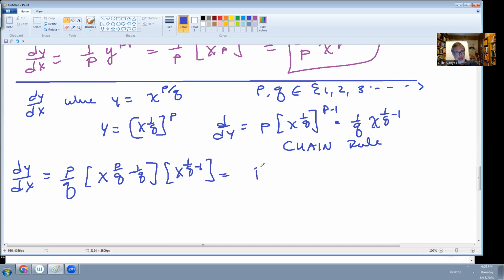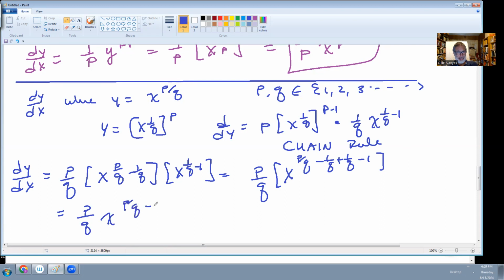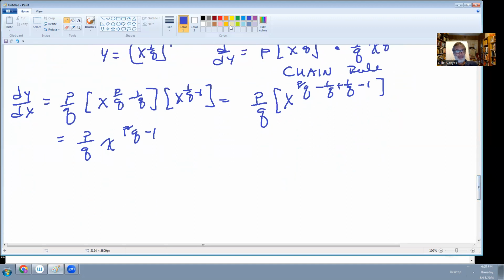But remember, the powers add now. So the power is p over q minus 1 over q plus 1 over q minus 1. And lo and behold, that's what we need.